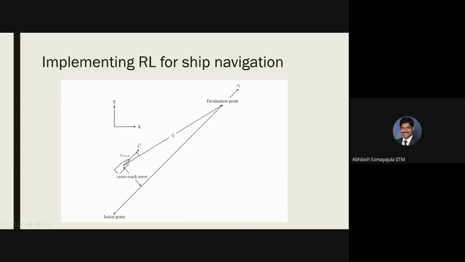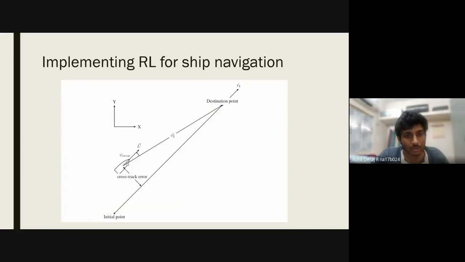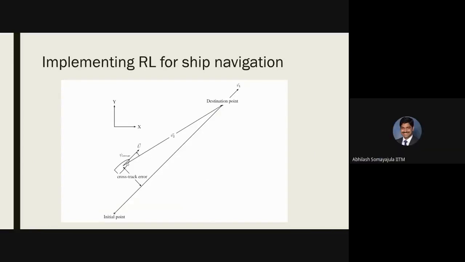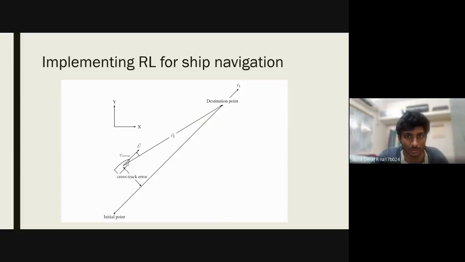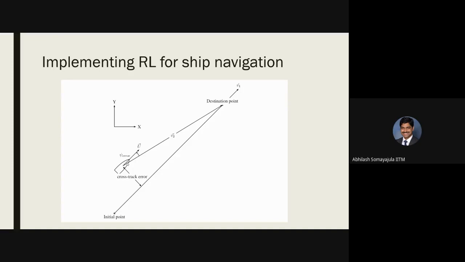Is that heading defined with respect to the velocity or with respect to the longitudinal direction of the ship? Velocity. It is taken with respect to the velocity. Yes, sir. Okay. It's not taken with respect to the longitudinal direction of the ship? No, sir.